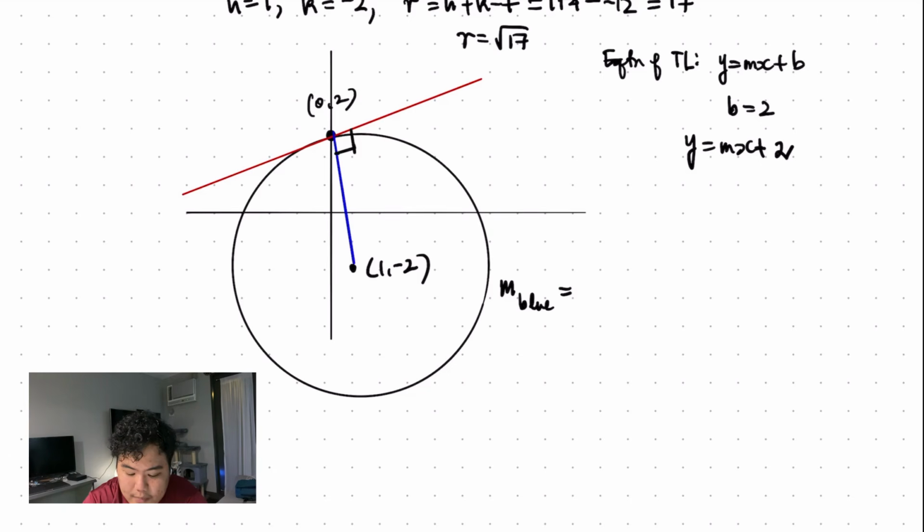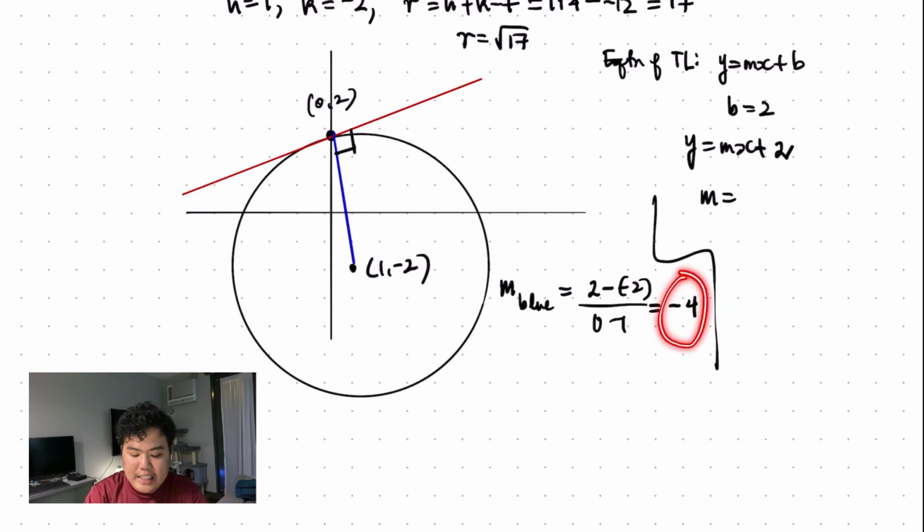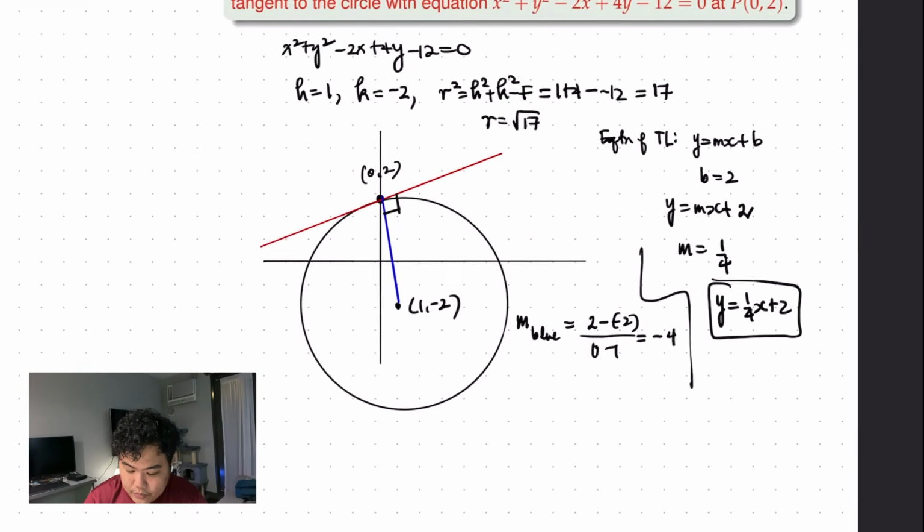Okay, so ano yung formula? y2 minus y1 divided by x2 minus x1: 2 minus negative 2 over 0 minus 1, or negative 4. So, yung hinahanap nating slope nung tangent line is the negative reciprocal of the slope of the blue line. The negative reciprocal of this is 1/4. So, yung hinahanap nating equation ng tangent line is y equal to 1/4 x plus 2.